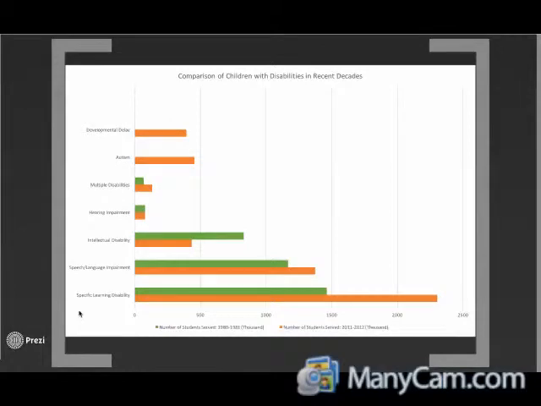They don't have any comparison numbers because autism was not put into the DSM until 1987, and prior to that, it was put under intellectual and emotional disability. So as you can see, the numbers have increased over the years, and what we would like to see is that these children are being served appropriately in public school settings.